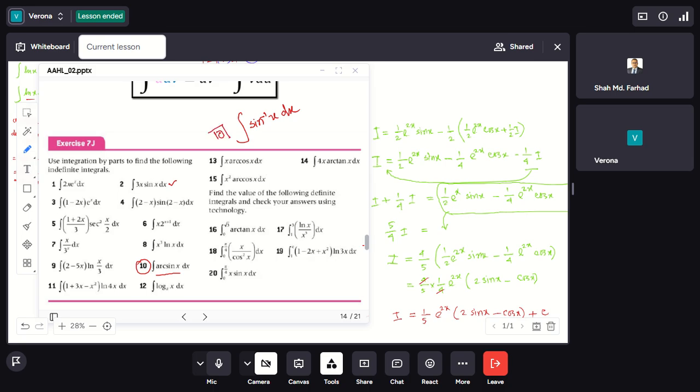You can rewrite this like this one. And also here arc tan inverse x, number 14.